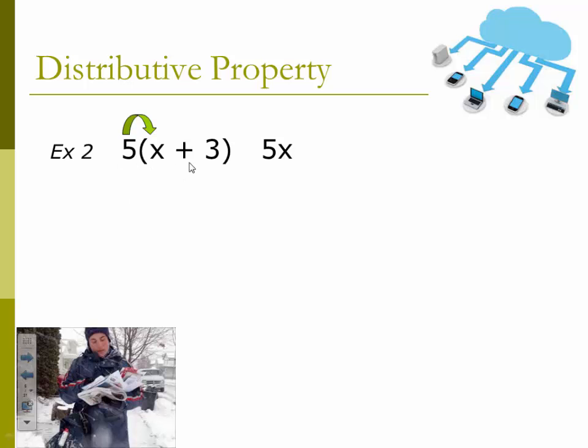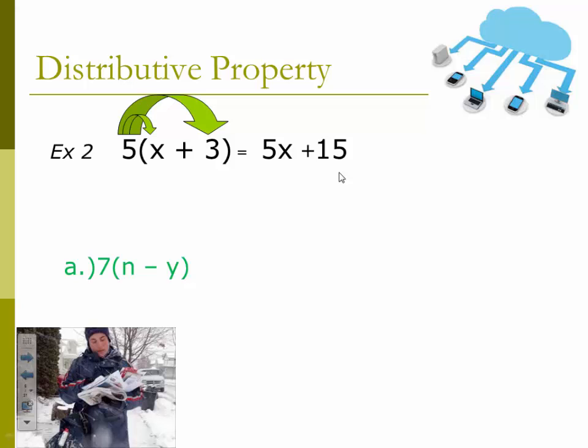Then we're going to take the 5 and distribute it to the 3. 5 times, there goes the bell. 5 times 3 is 15. Plus sign comes along because we haven't used that yet. This is the answer because we do not have like terms here. There are two terms, but we have an x and we have a plain old whole number. So that's our answer.